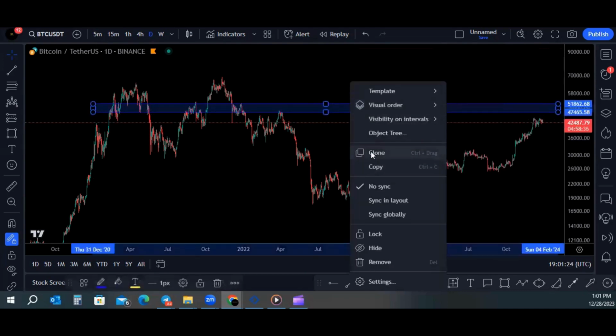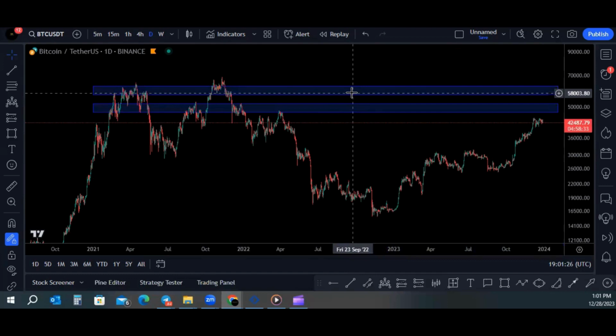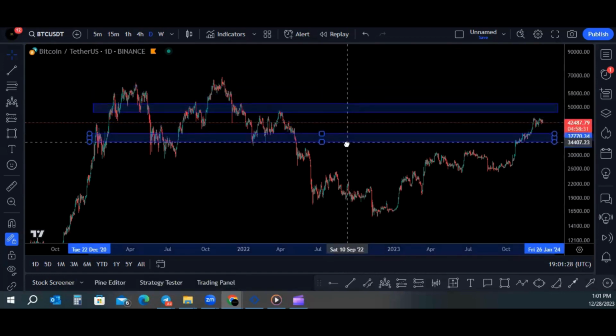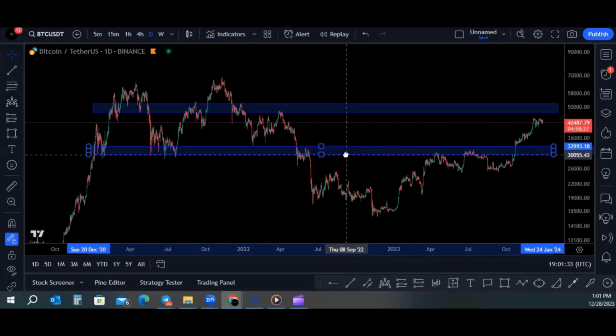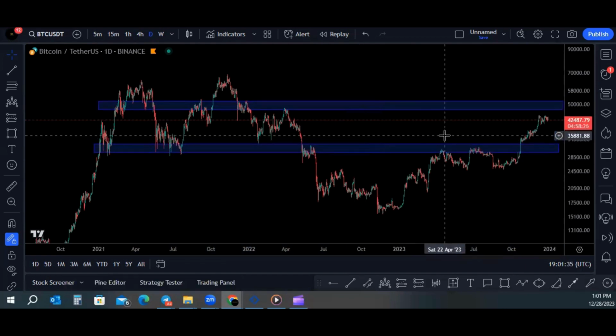There are several ways to do this. The next support I'm seeing on this is the 30K for Bitcoin.